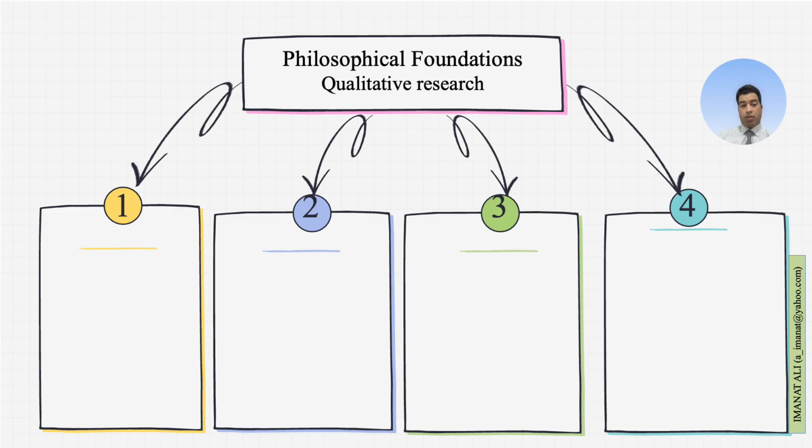Next, the philosophical foundation of qualitative research. As we know, every research method has a philosophical foundation. What philosophy has been used in a research method? This qualitative research method is based on constructivism, interpretivism, and critical theory.